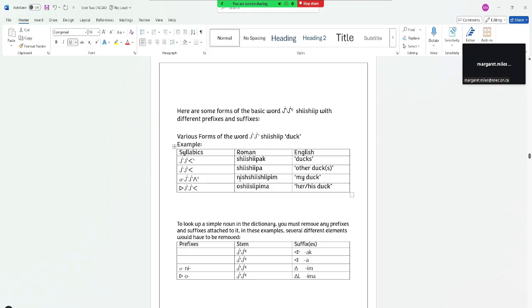So if you add an ni before the word, which means my, and o, ushishibima, his or her duck, nishishibim, my duck. Shishiba, other ducks. Shishibak, ducks.